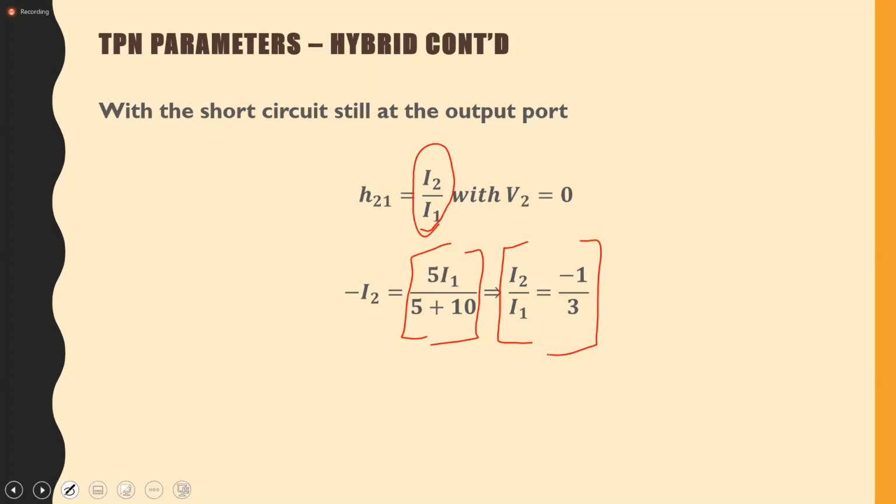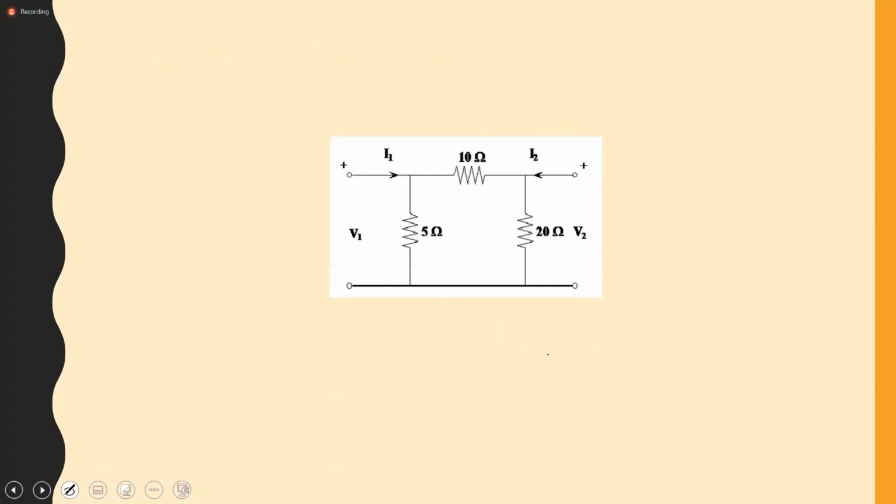All right, so we have H11, we have H21. So I can now move to finding H12. H12 will be found by making I1 0. For I1 to be 0, it means that this port is open.